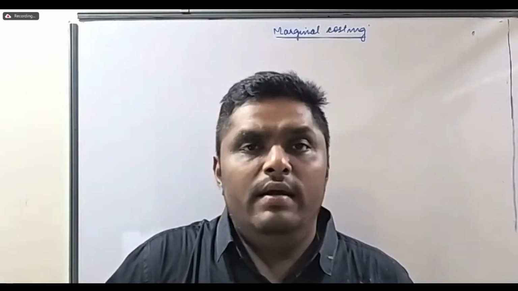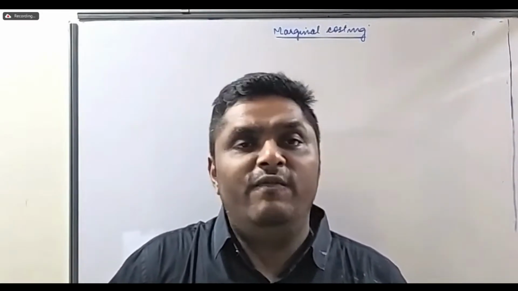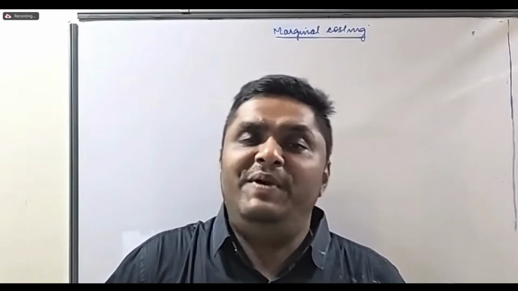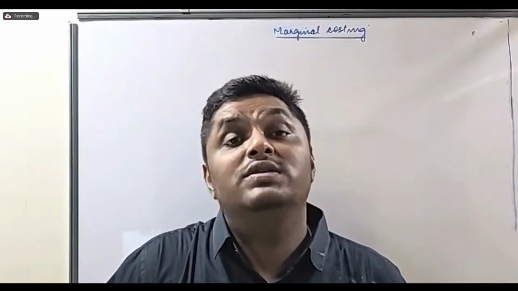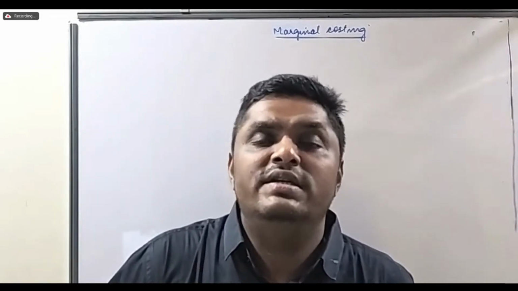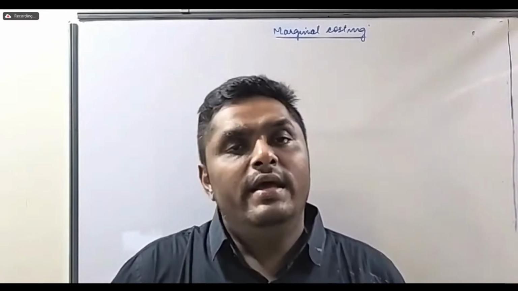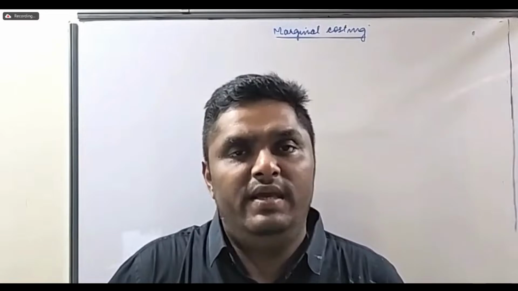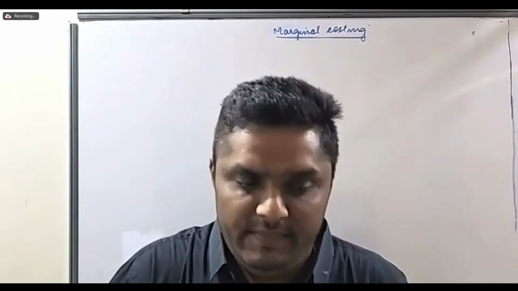Again, this chapter is a part of management accounting and it assists management in decision making. This chapter has nothing to do with cost calculation. Cost calculation से इस chapter का कोई लेना देना नहीं है. It's an important tool of management decision making.